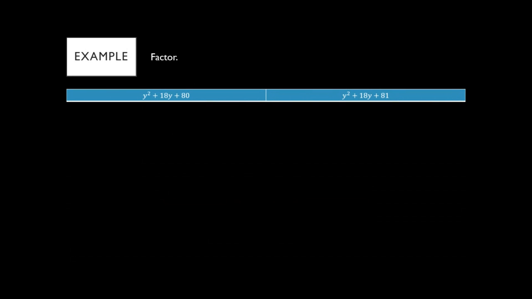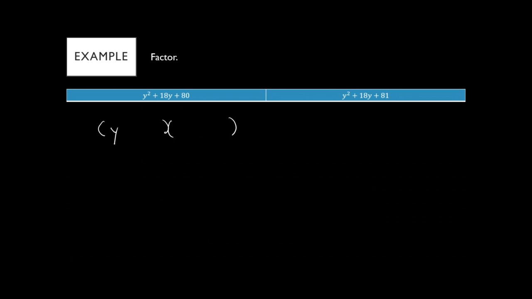The best way to do this is just with practice and just to demonstrate it, because there's no formula. It's literally guessing and checking. So if it says factor and you have something in this form, like y squared plus 18y plus 80, the first thing you do is set up your result.